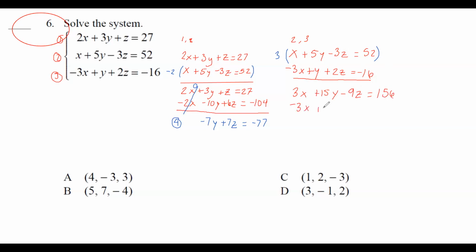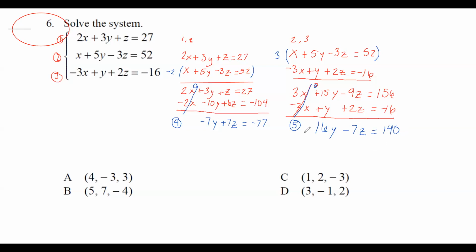Minus 3x plus y plus 2z equals negative 16. What happens to my x's? They eliminate. Look at that. What am I left with? 16y minus 7z equals 140. There you go, 140. I'm going to label this equation number 5.